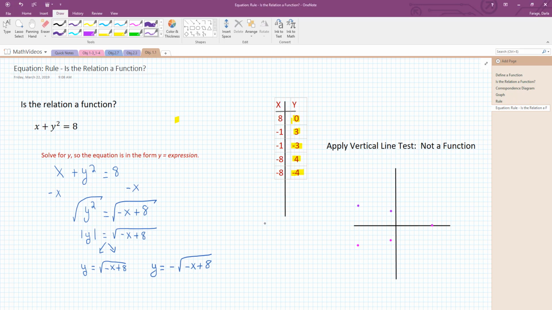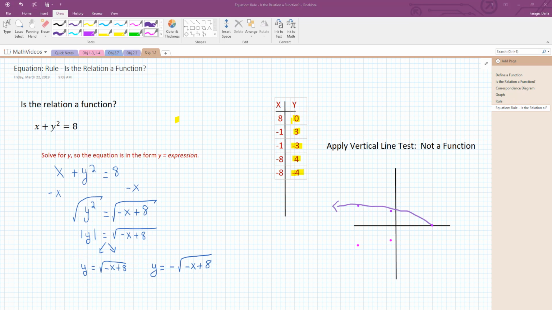Since the equation actually resulted in two different equations, when we go to graph the equation, we can almost think of it as two separate graphs coming together into one graph. If we were to graph y equals the square root of negative x plus 8, and plot all the points associated with that part of the equation, we'd get this curve here, which is appropriate for a square root function.